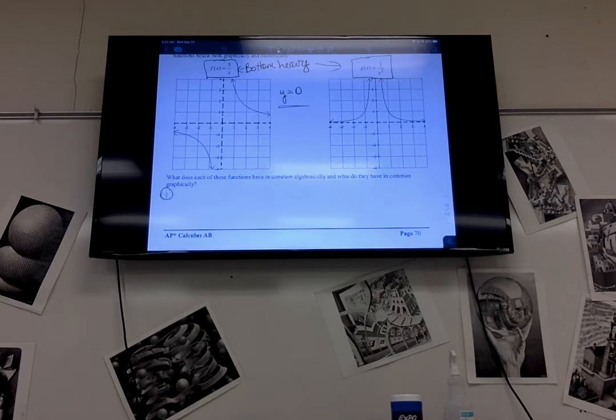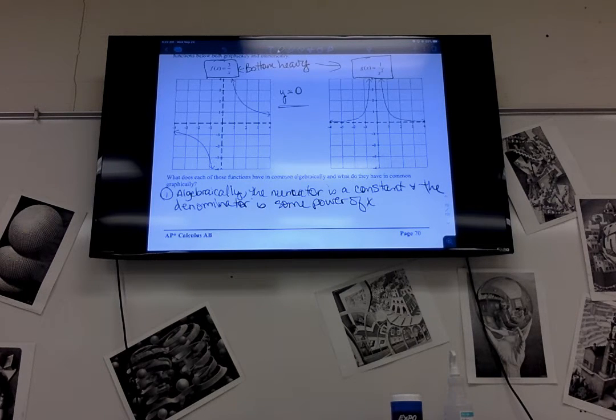So what this means algebraically is that the numerator is a constant, and the denominator is some power of x.